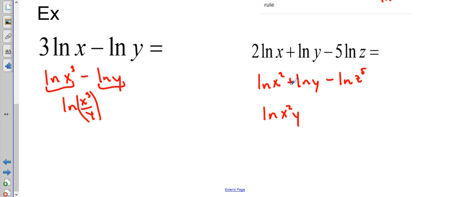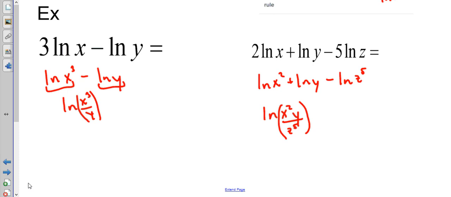Adding means multiplying. Subtraction of the logs means this goes to the denominator, so it is z to the fifth. That's what we have: natural log of x squared times y over z to the fifth, using the properties of logarithms.